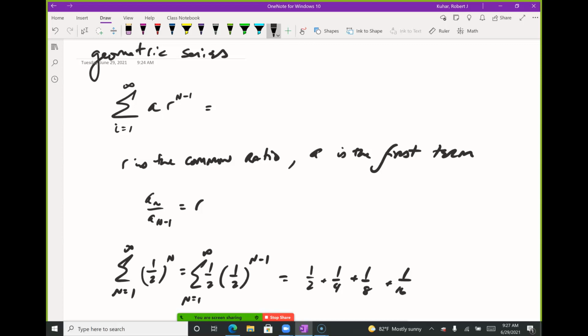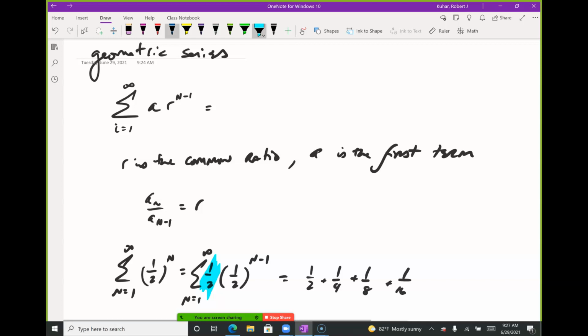Because you can see I've got that factor of 1/2 there every time, right? It's 1/2 times when n is 1. It's 1/2 times whatever I get when n is 2. So that thing's going to be repeated over and over.